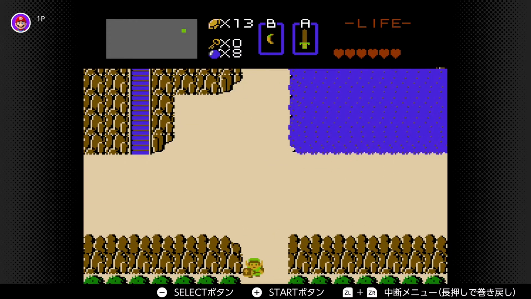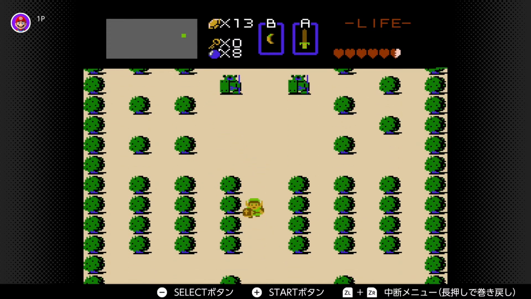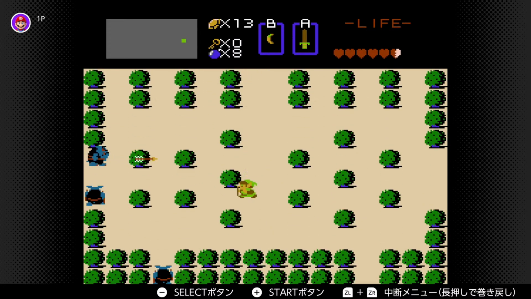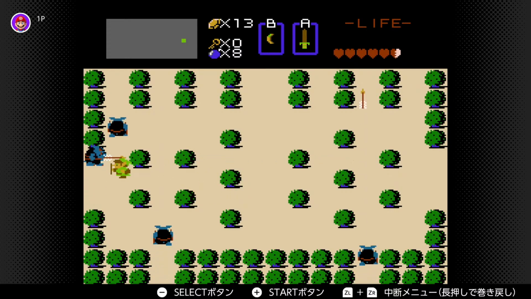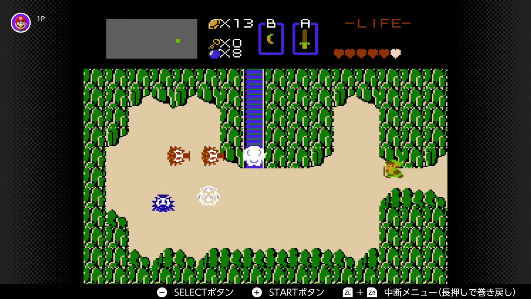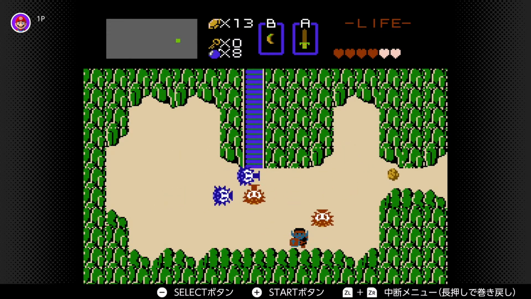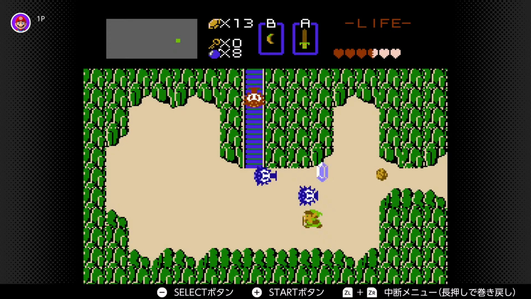Down here. Further down here, I think. And yes, this is, I think this is where I never went left. And yes, those stairs should lead us to level 2. To the entrance to level 2, of course.